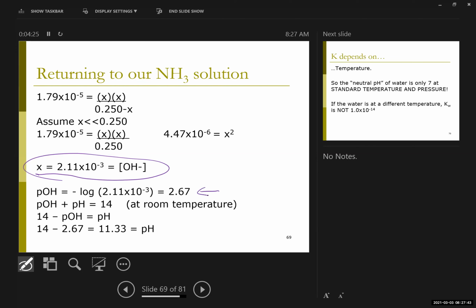It's just the negative log of the hydroxide, and I subtract that from 14, which gives me a pH of 11.33. Very little hydronium, but some, approximately 5 times 10 to the minus 12.